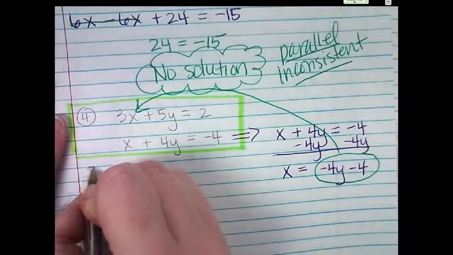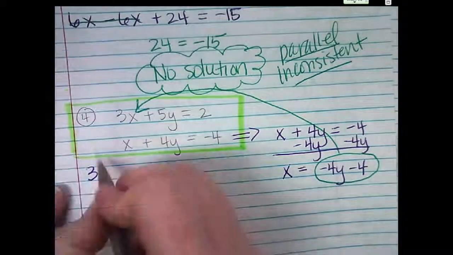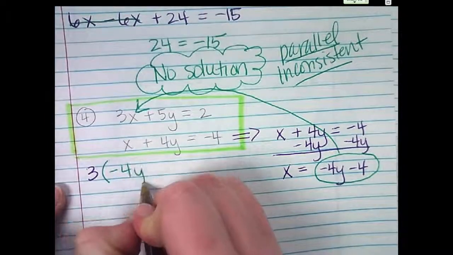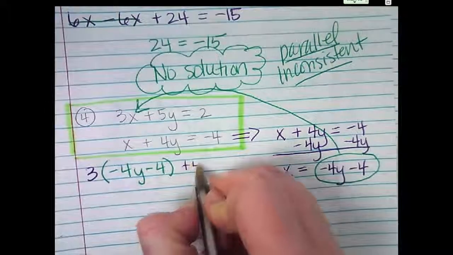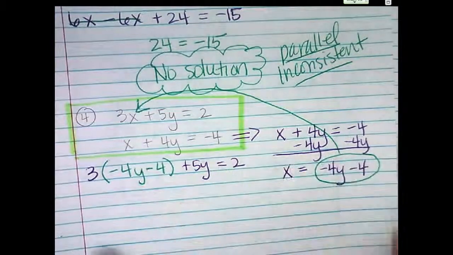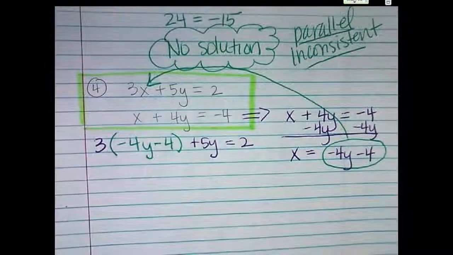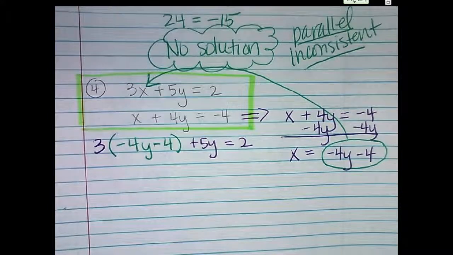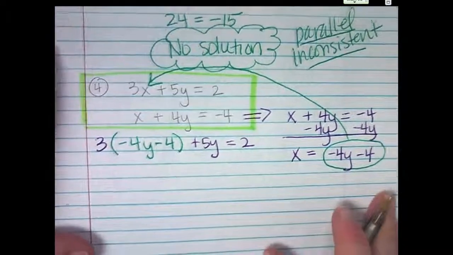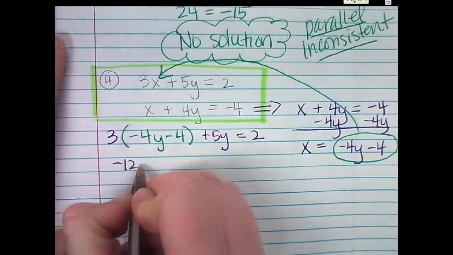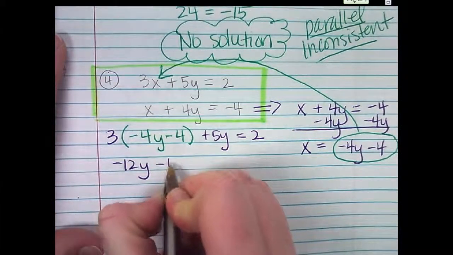So I'm on the first equation now. I have 3 times negative 4y minus 4 plus 5y equals 2. Negative 12y minus 12.